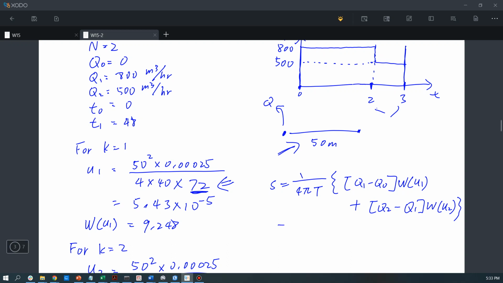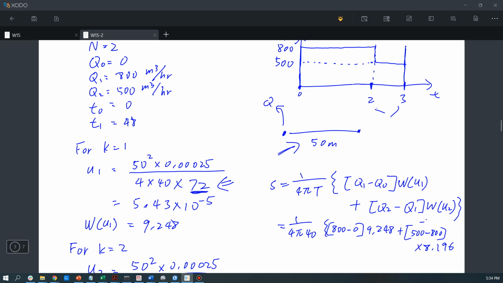Then we can plug in the values: 1 over 4 pi T, Q1 800 minus 0, times 9.248, plus Q2, 500 minus 800, times 8.196.